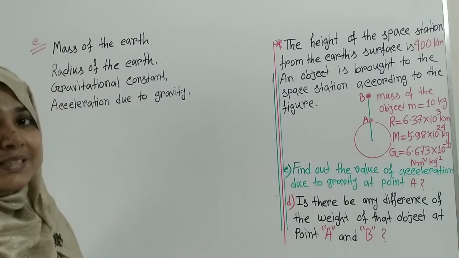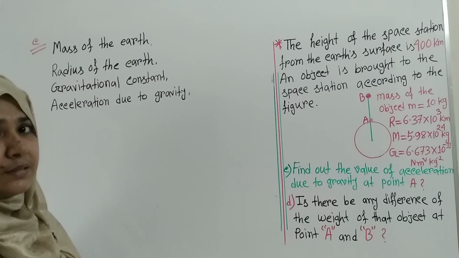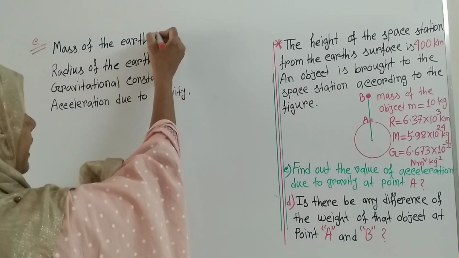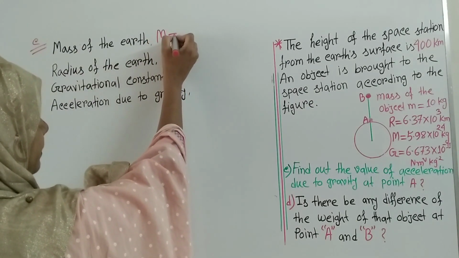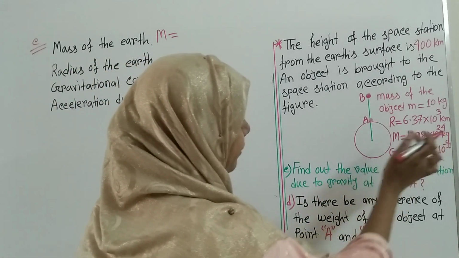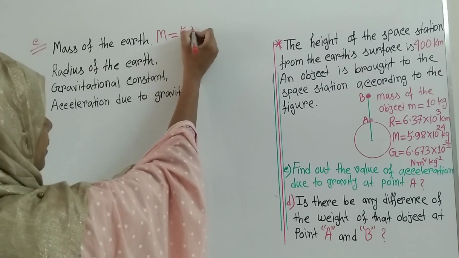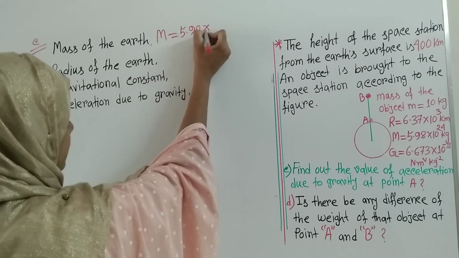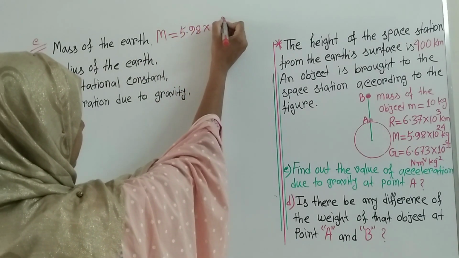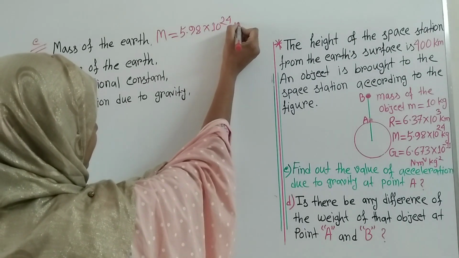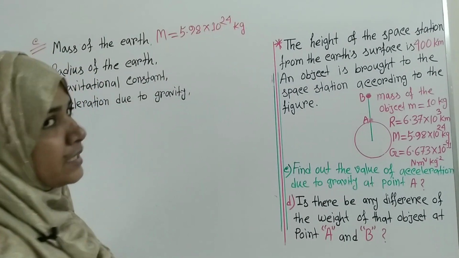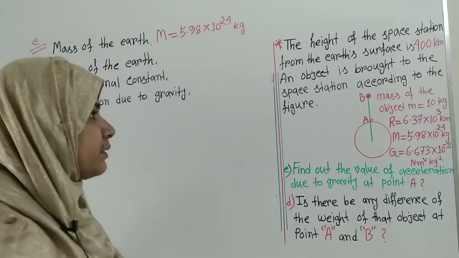You know that we denote the mass of the Earth by capital M, and the value of capital M is given here: 5.98 into 10 to the power 24 kg.